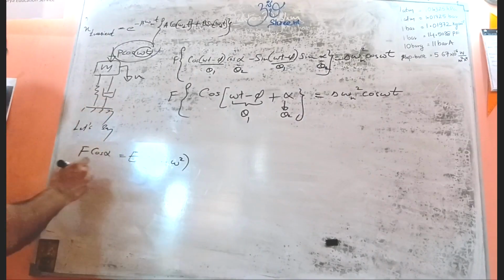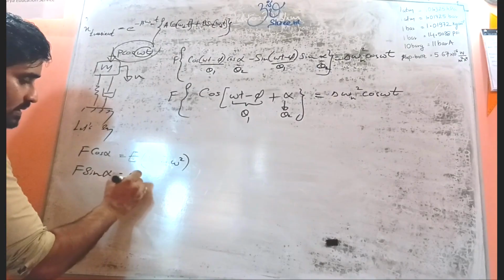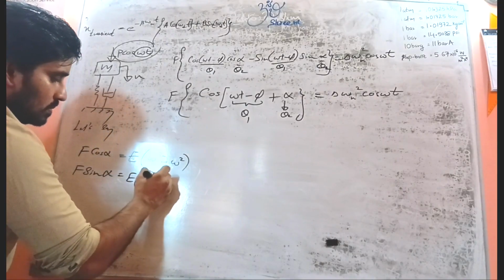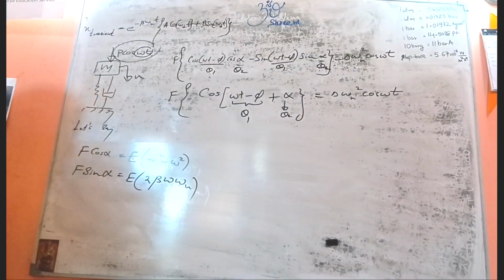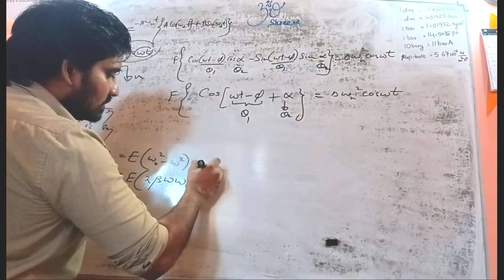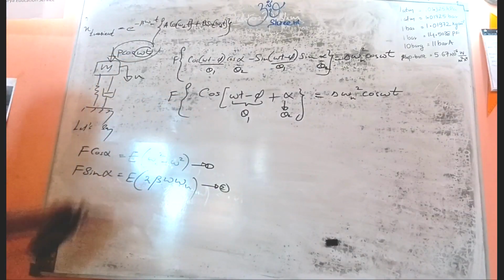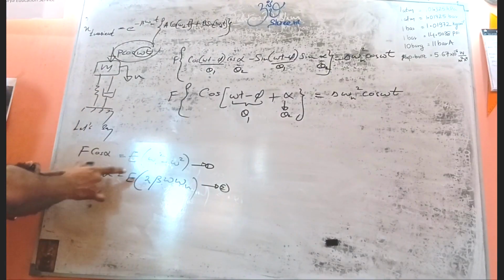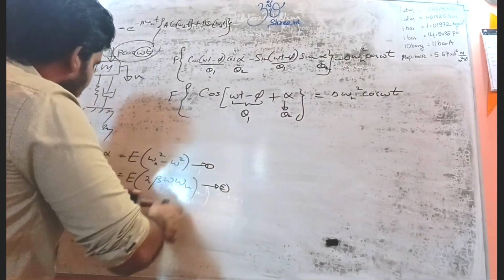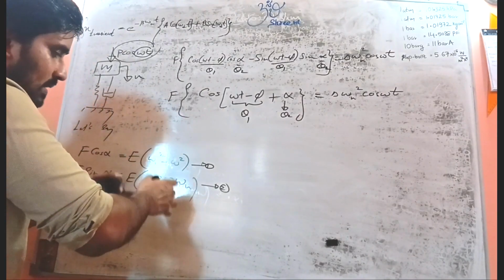And also we considered f sin alpha as E times 2 beta omega omega n. Let's consider this as equation 1 and this as equation 2. Previously we considered that during the proof.